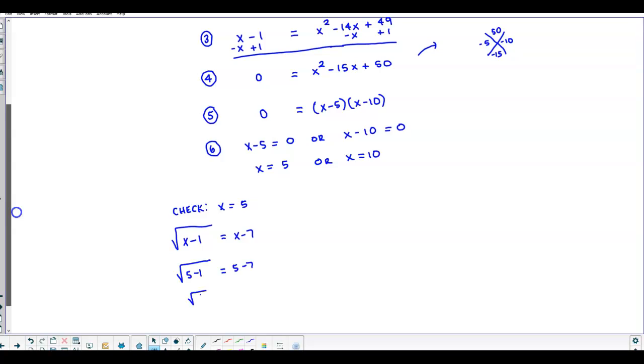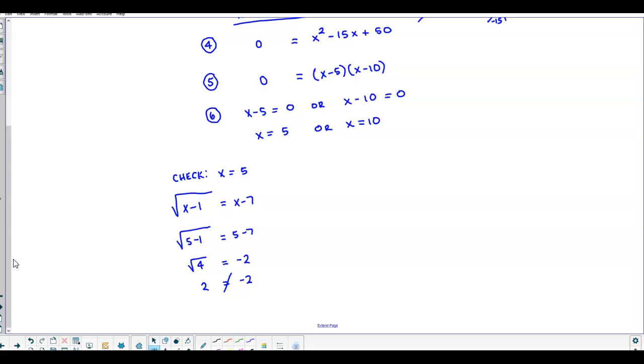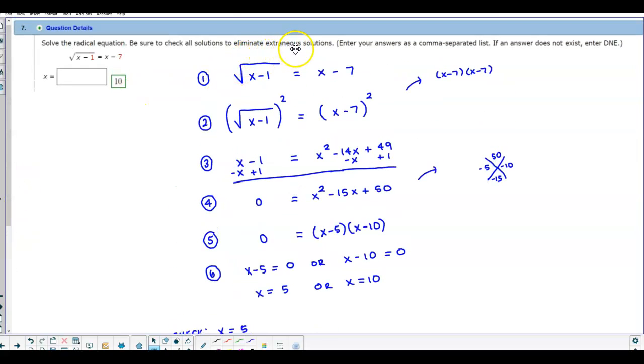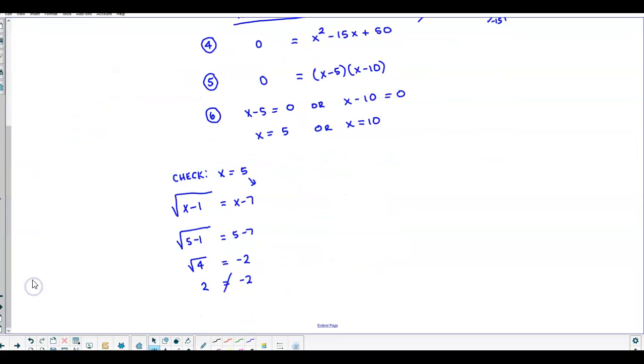So this becomes the square root of 4, and this is equal to negative 2. This gives us positive 2, and this gives us negative 2. So that does not check. Therefore, x equals 5, going back to the beginning of this question, is an extraneous solution. So this is an extraneous, spell that right?